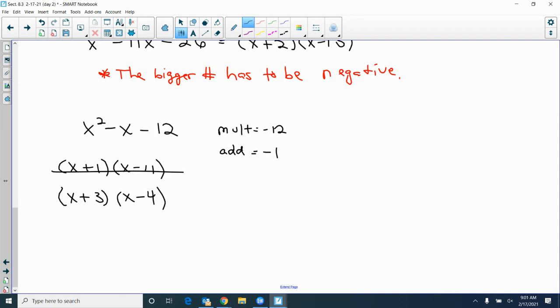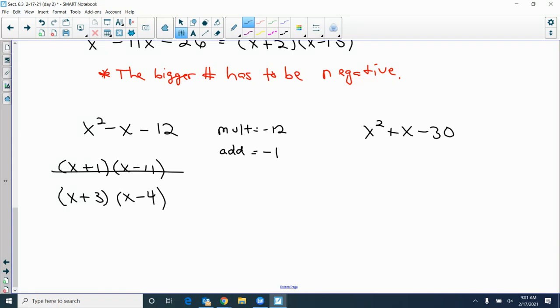So what if I have x squared plus x minus 30? Think about that. Okay, they still gotta multiply, and they have to multiply to get negative 30 first. You always do the multiplication part first. Okay, multiplication. Joe? 3 and negative 10.